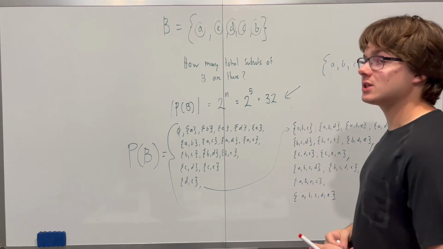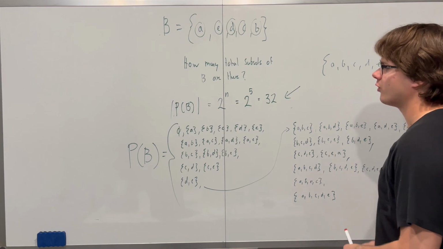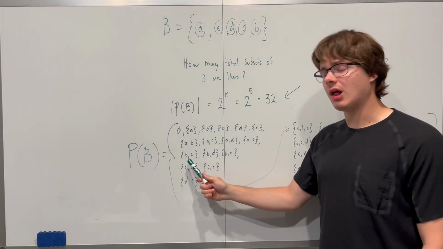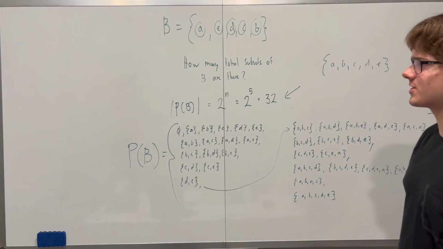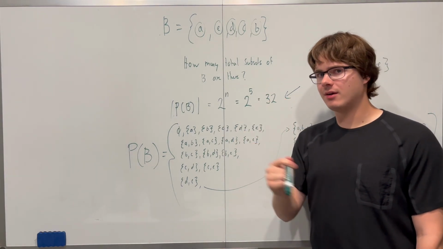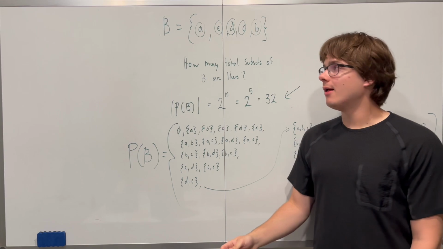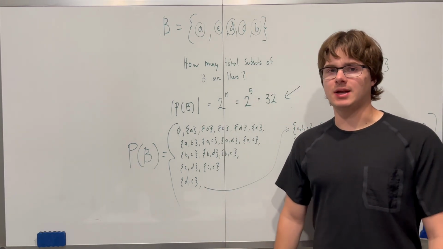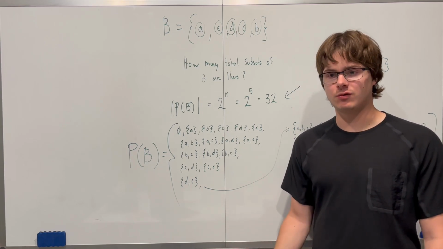So hopefully this made it even more clear and really drove home the point why this is going to be a lot more useful, and you should not rely on writing out all the subsets, because that'll work from 1 to 3. After 3, maybe you'll do it for 4. Doing it for 5 takes 20 plus minutes, maybe 10 or 15 if you really practice it.